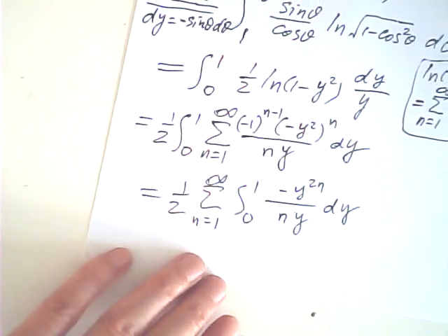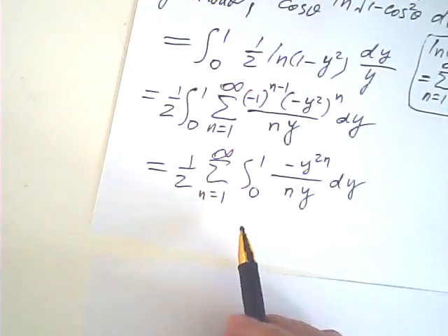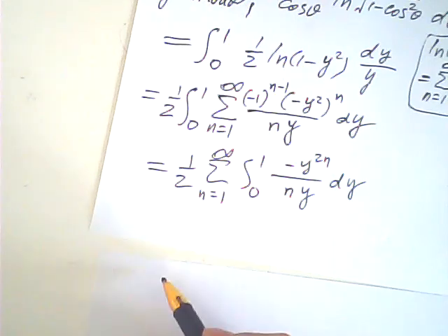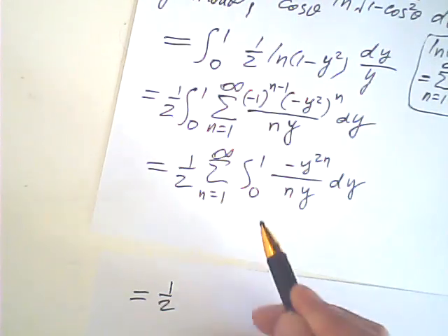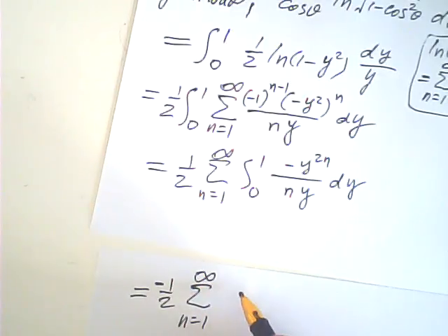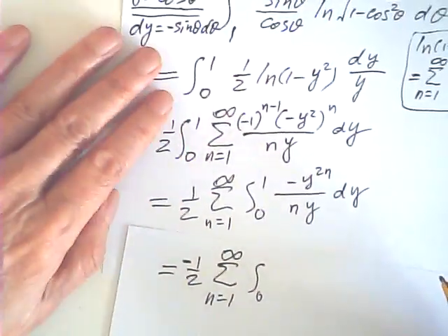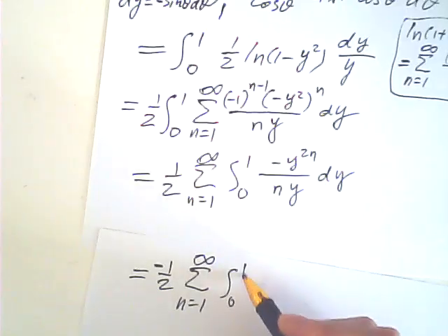Now let me continue from here. Now we switch the operator, take the negative outside, and n equal to 1 to infinity, integral 0 to 1.